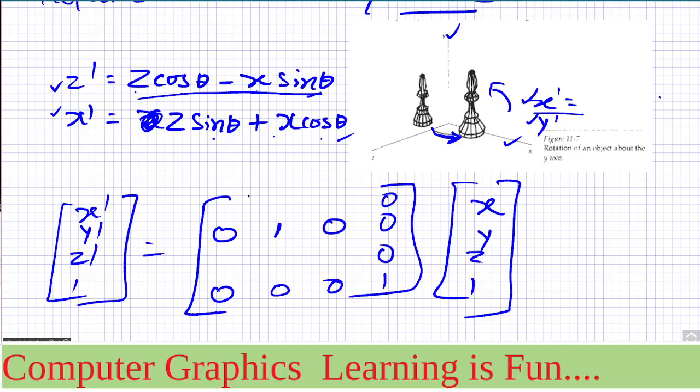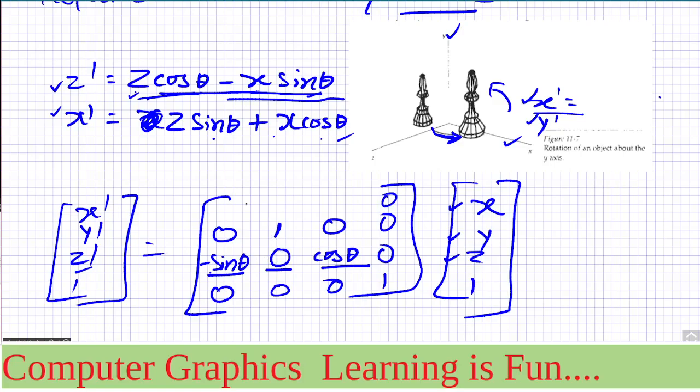How should we put it here? Z dash will be z cos theta minus x sin theta. This is what will be multiplied by x, this by y, and this by z. We want to multiply cos theta with z, and minus sin theta with x. Nothing is given for y, so it is 0.